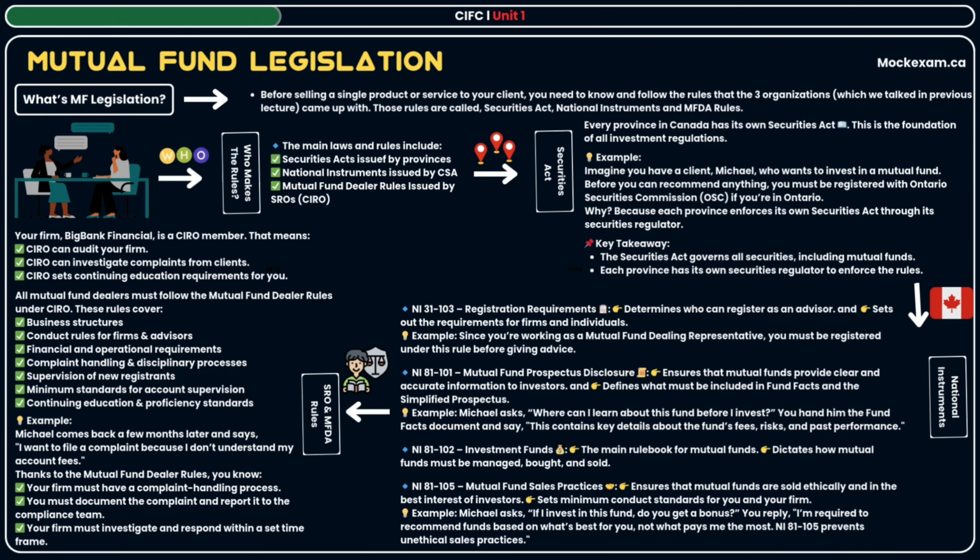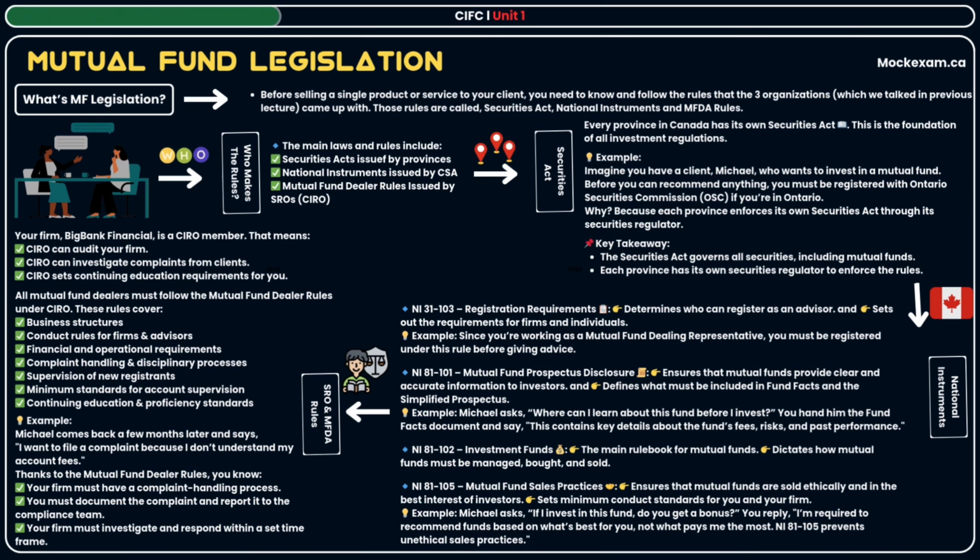Now, you may say, okay, these three sets of rules, which are for three different organizations, have lots of overlapping. Of course they have, because they are all for one industry, which is the mutual fund industry. All of these rules are trying to protect investors, trying to conduct and have a good and ethical business in this industry.